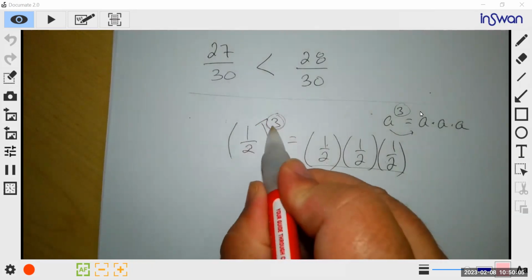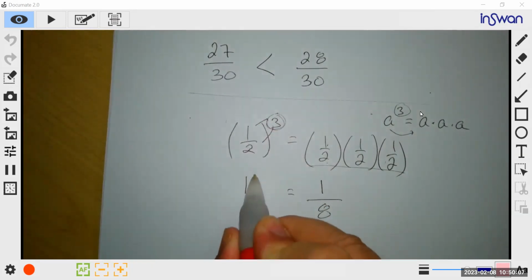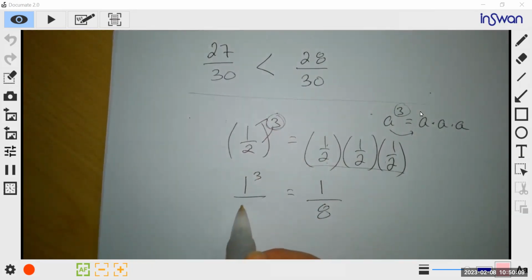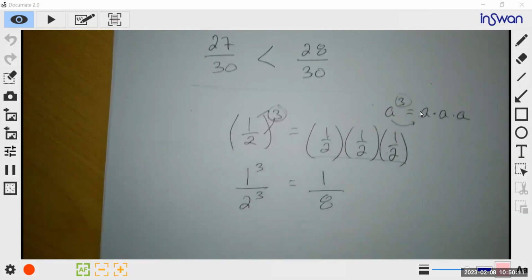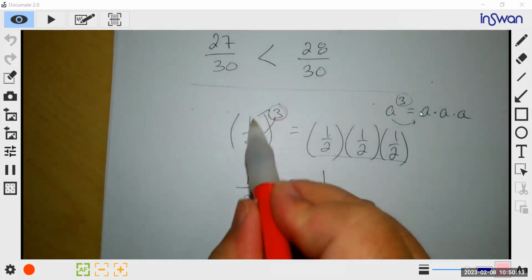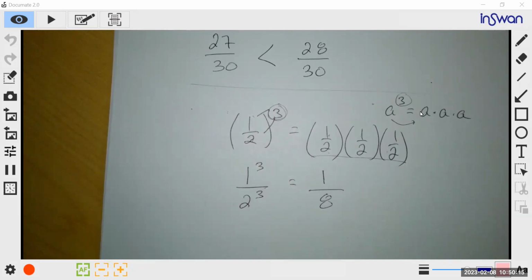Or you could distribute that power, this exponent, to both top and bottom. So it's 1 times 1 times 1, 2 times 2 times 2, which is 1/8.